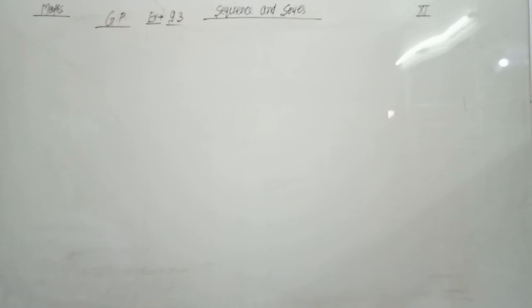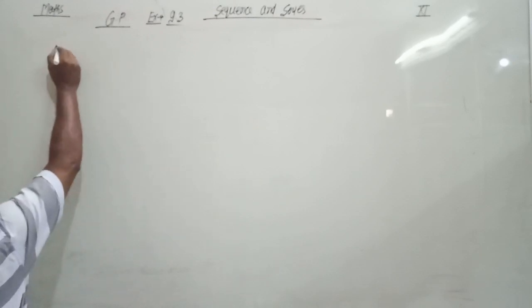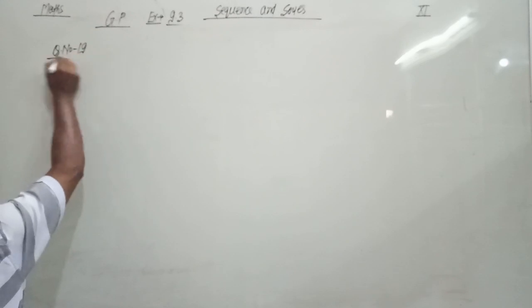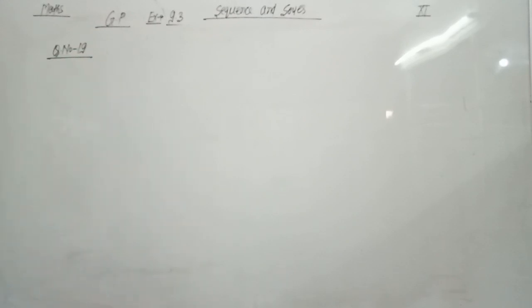Now question number 19. Find the sum of the products of the corresponding terms of the sequences 2, 4, 8, 16, 32 and 128, 32, 8, 2, 1 by 2.